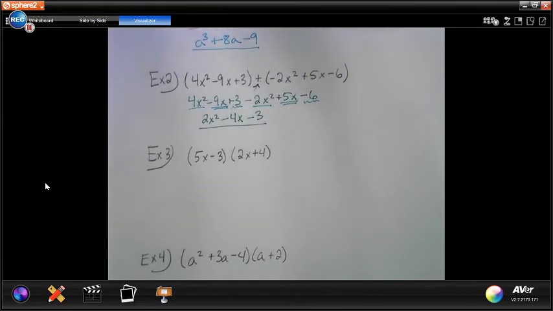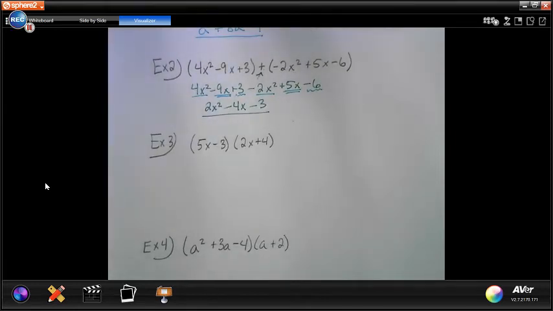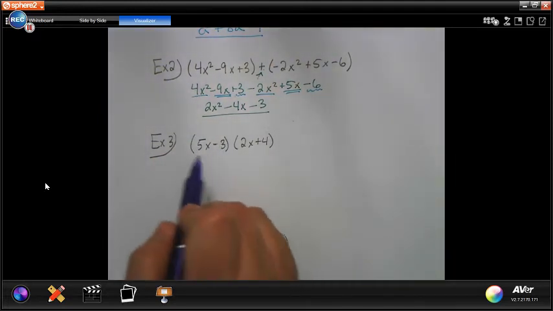Now, multiplying the polynomials. I'm going to show you 2 different ways. Mrs. Cortez and I showed you 3 different ways in class: the FOIL method, distribution method, and box method. I'm going to stick with just the ones that work every time, because FOIL method does not work every time. So I'm going to start with distribution method.